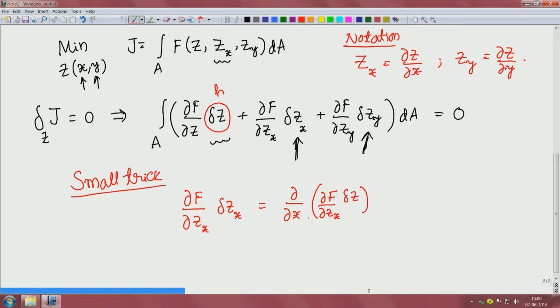Now, if I were to use the product rule and expand it, I will get this one, but I will also get what I will subtract now, because it should be on the other side. This will be dou by dou x of dou f by dou z sub x into delta z.